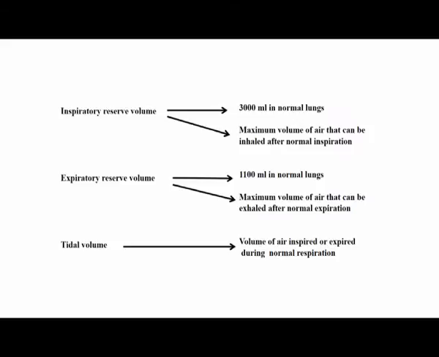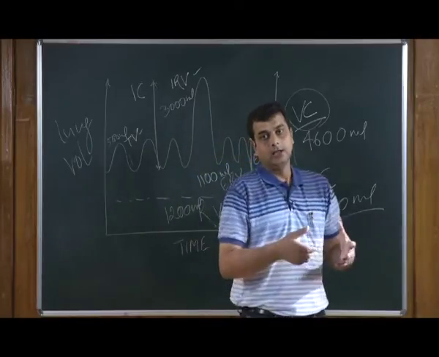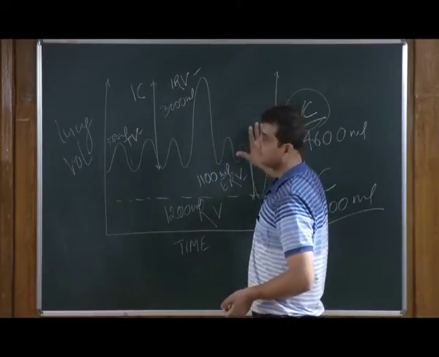And tidal volume is what? Volume of air inspired or expired during the normal respiratory process is what we call tidal volume. So, this is all about the volumes and the capacities.